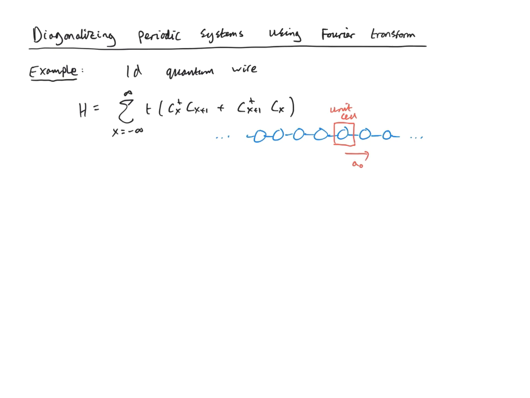So what we'll do, let's leap straight into it, is do a Fourier transform of the operators. So let's suppose that these operators C_x will be written in terms of these new operators C_k. And so the coefficients, which previously I labelled U_ik, are now actually known to us analytically.